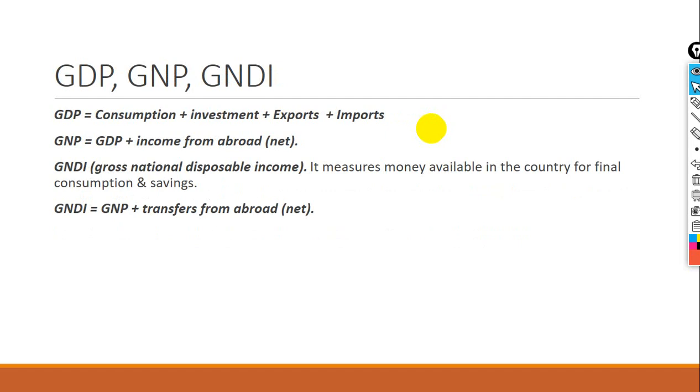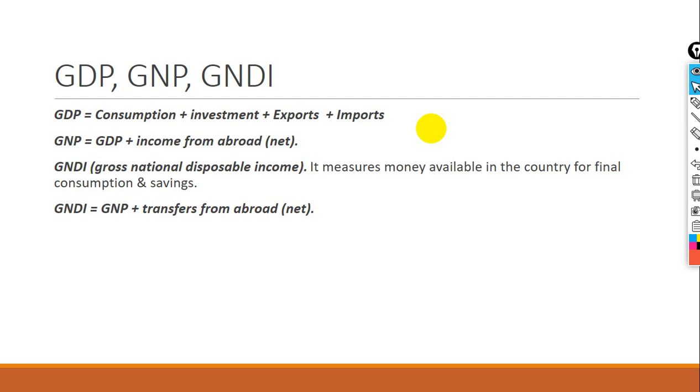We are going to use all of these data in order to calculate GDP, GNP, GNDI. GDP is calculated as consumption, investment, exports minus imports, while GNP is GDP plus income from abroad.